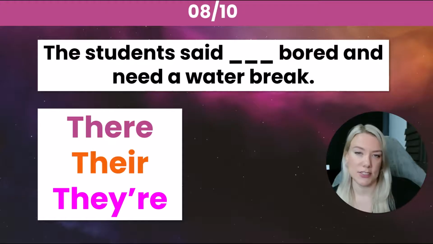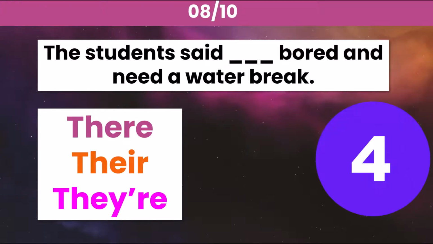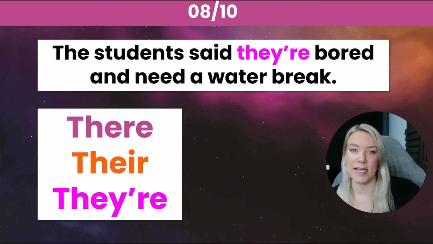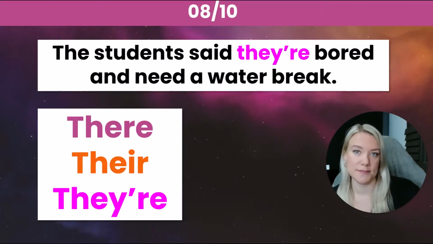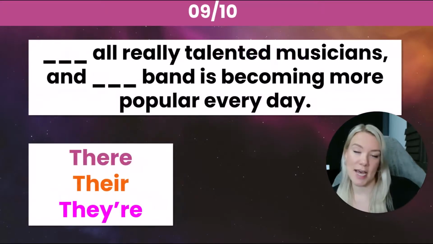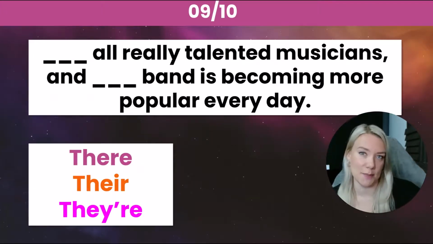Number 8, the student said, bored and need a water break. The correct answer is the contraction they're, T-H-E-Y apostrophe R-E. They are bored. We're talking about how the students feel. Now, number 9 and 10 are a little more difficult. You have to fill in the blanks with 2.